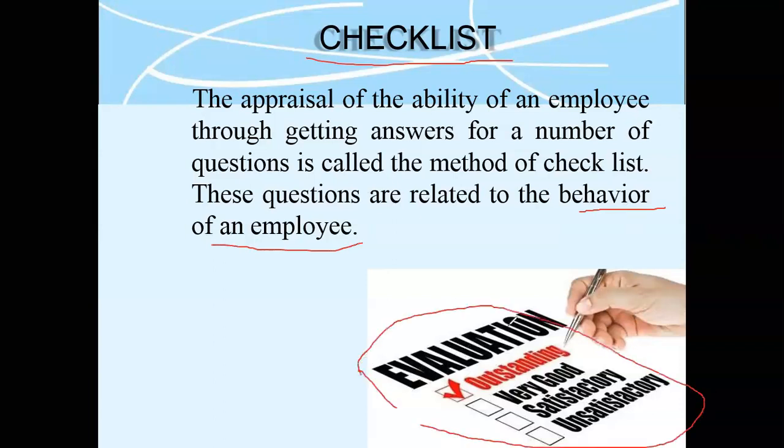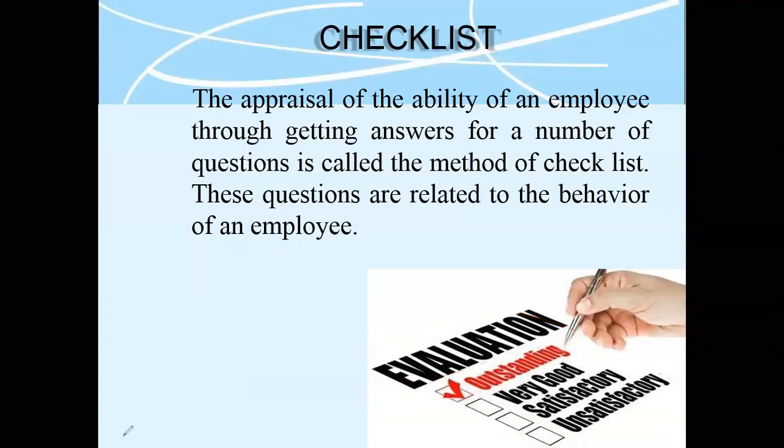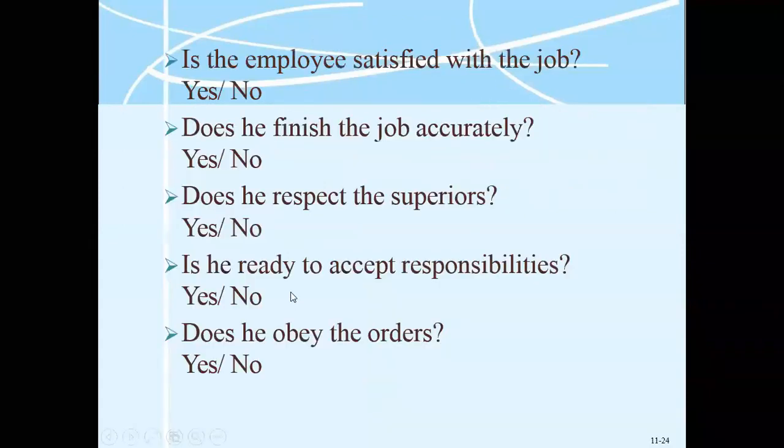For example, if you want to evaluate the work of an individual, we have four options: outstanding, very good, satisfactory, unsatisfactory. If you tick outstanding or very good, then it is considered a checklist. We will get more idea about it.